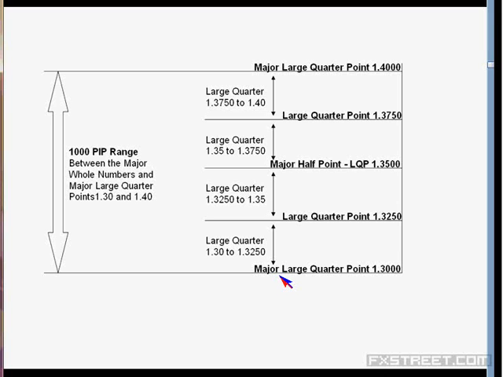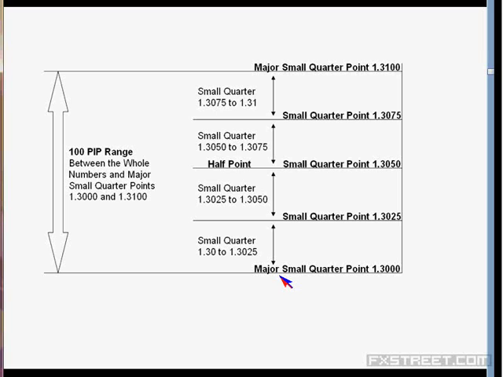The 100 pip ranges, we said, are the ranges between 2 whole numbers. Those are also very clearly defined ranges, and they can also be divided into 4 equal parts, or 4 small quarters of 25 pips each.